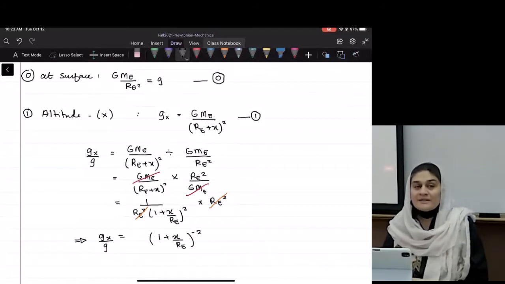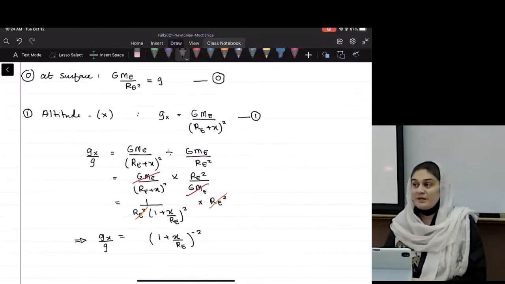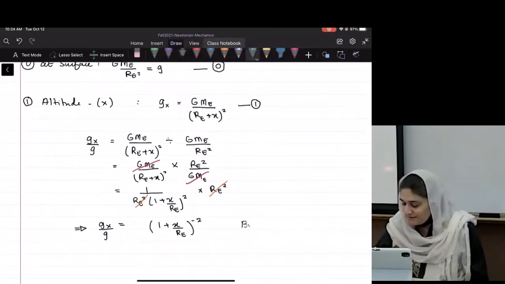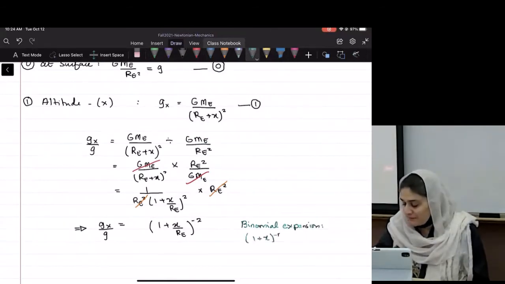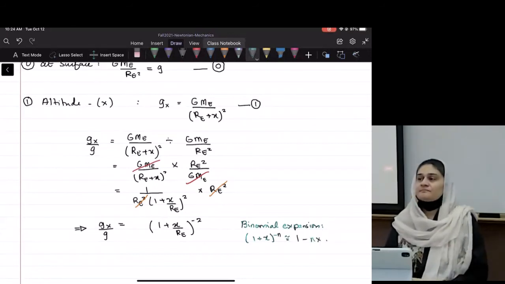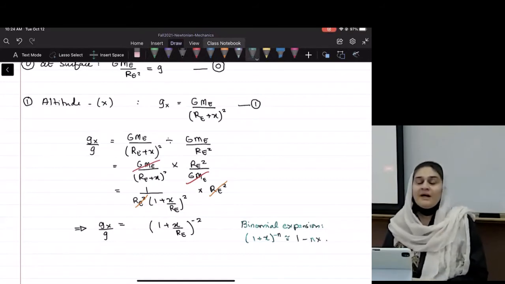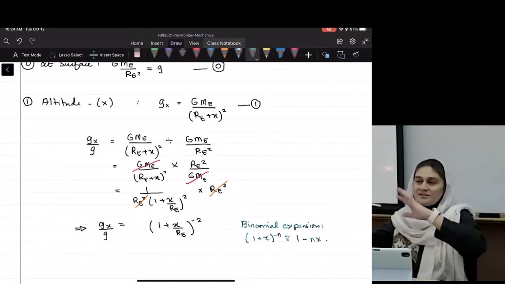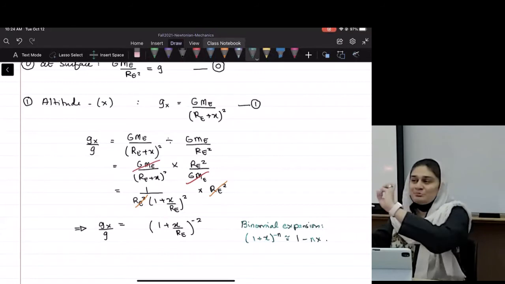Since we have a minus 2 in the power, may I use binomial expansion? Binomial expansion: 1 plus x to the power minus n is approximately equal to 1 minus nx, and then there's more terms, n(n minus 1) over 2 factorial x squared plus blah, blah, blah.